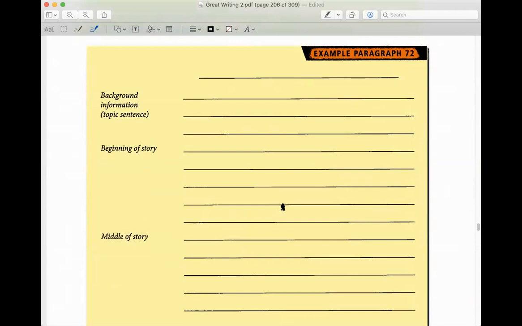Again, some people might feel like just copying a paragraph is a waste of time, but remember, this is a chance for you to see what good writing looks like and to actually feel it come out of your pencil or pen as you write down a well-written paragraph. How those words come together.